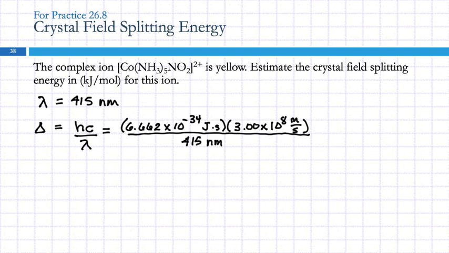Before we get out the calculator, we want to check our units. So the seconds are going to cancel. We're looking for joules, kilojoules, so we don't want the joule to cancel out, but we don't want nanometers and meters in here. These aren't going to cancel. We need to convert nanometers into meters. You can do that separately, or you can say, well, I know what nano stands for.